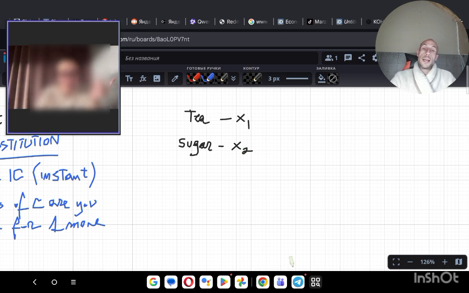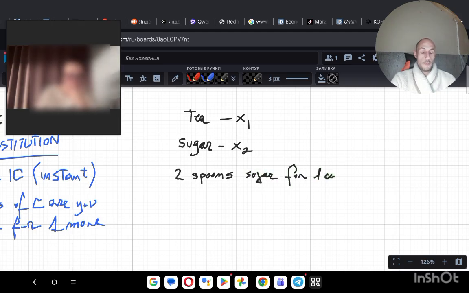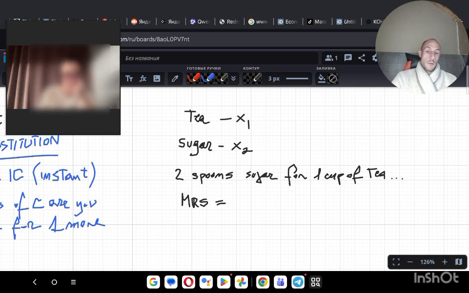What does it mean that we have a minus there? What if we had a plus? Negative. It's also strange because how can we have minus satisfaction?